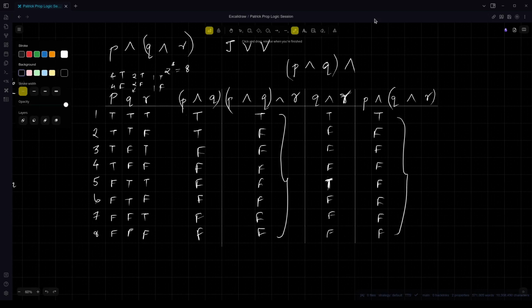But there's a small detail, it's actually not exactly the same as a biconditional. We'll probably cover that later. But for all intents and purposes, it functions the same way as a biconditional.